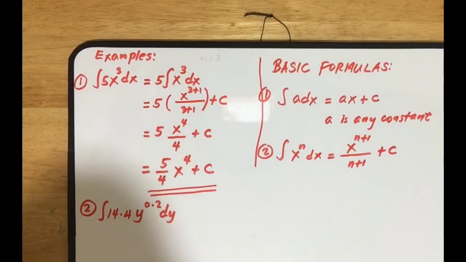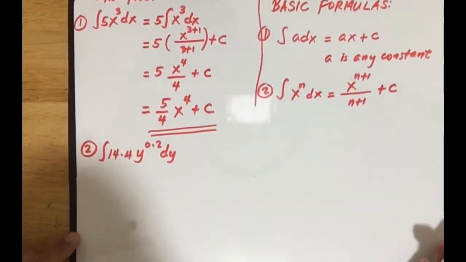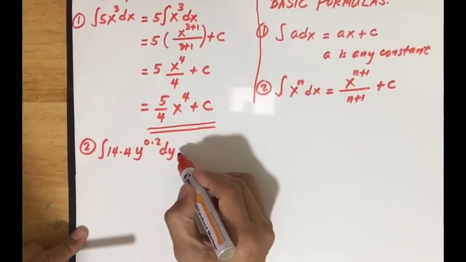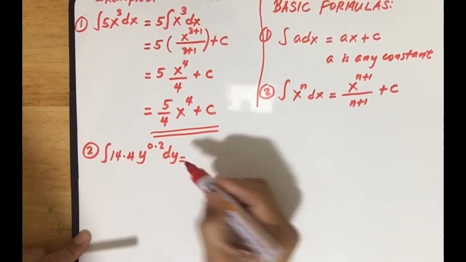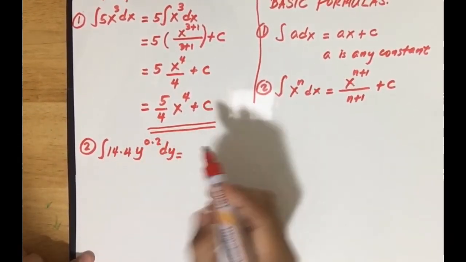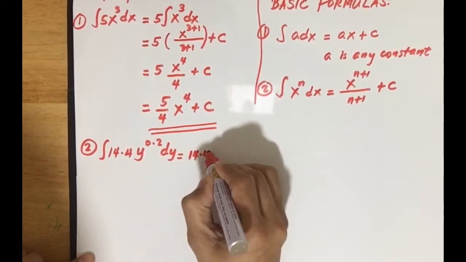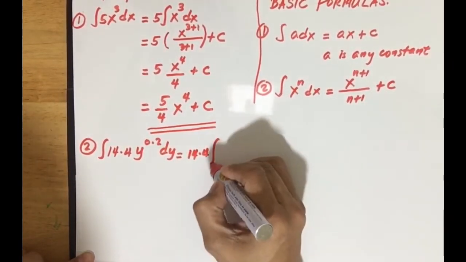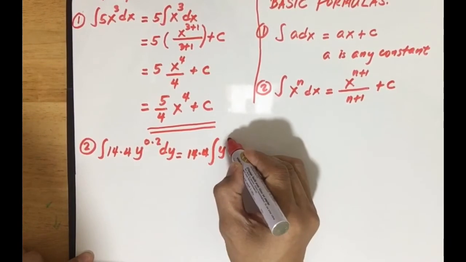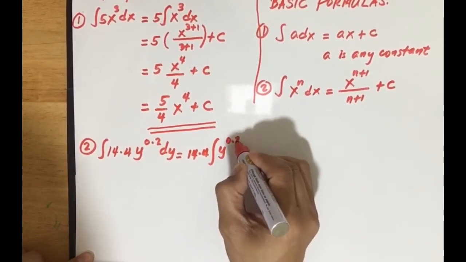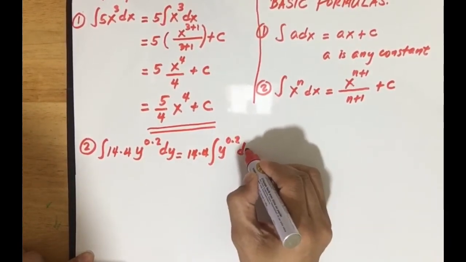That's the given. Again, we have the constant here, so put the constant outside: 14.4 times the integral of y to the power 0.2 times dy.